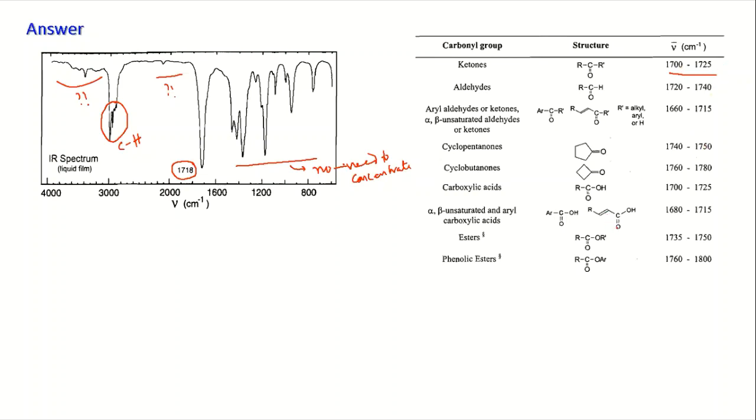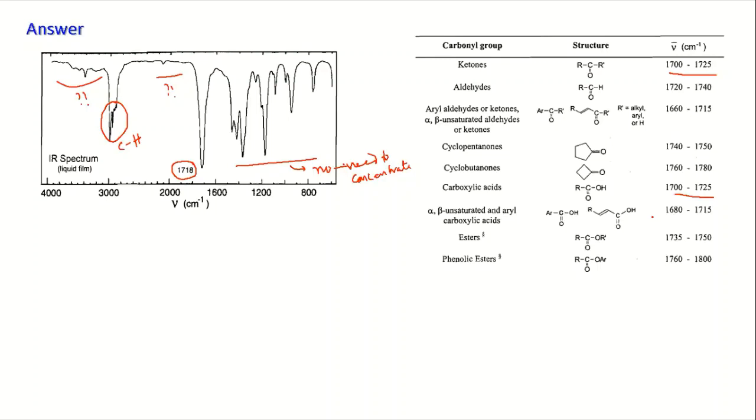For carboxylic acid, if you look at this 1700 and 1725, these are the lower CO stretchings we find. The other CO stretchings are generally higher than this. Aldehyde will be higher, and any other keto, particularly the cyclic keto, will have higher values, and definitely esters and anhydrides will have far higher values.